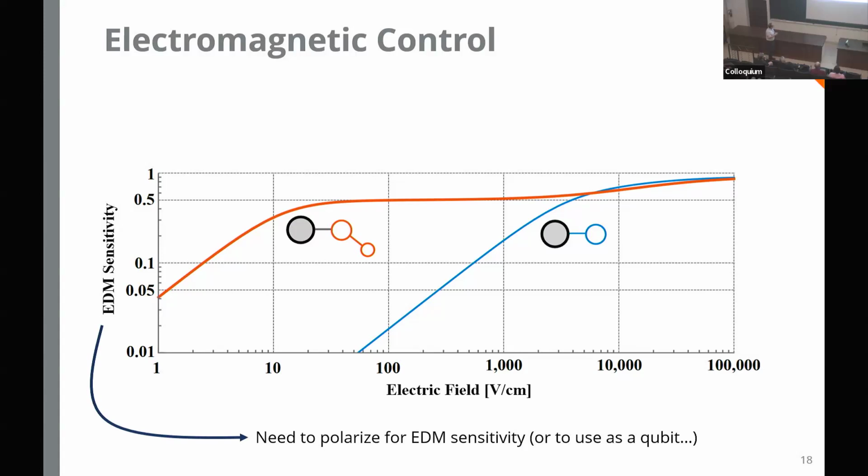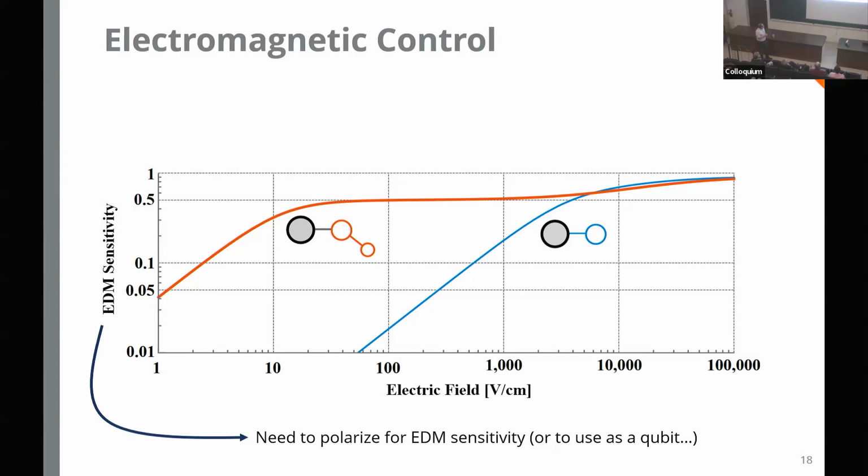And these lower symmetry molecules you can polarize in much smaller fields, say tens of volts per centimeter versus the several kilovolts per centimeter you'd need for a simpler molecule. That's useful because it not only makes the experimental design much easier, but it turns out there are a lot of very dangerous systematic errors and effects that can creep in as you apply a larger and larger field. So avoiding this is really, really useful.